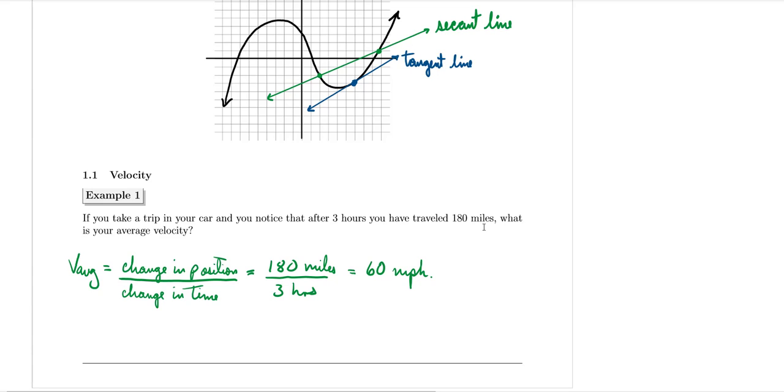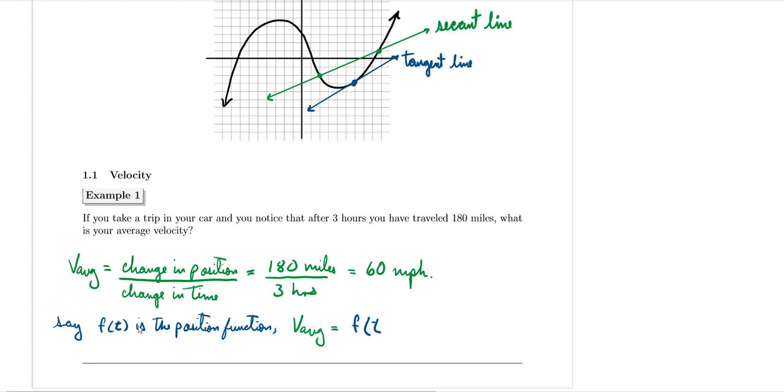Okay, so we found the average velocity, but notice something here. Our formula for the average velocity was a changing position over changing time. So if I gave you a function detailing the position, let's just call it f of t, the position function, then the way that we found the average velocity, v average, would be equal to the changing position, so it's going to be the position function evaluated at different times, let's say t1 and t2.